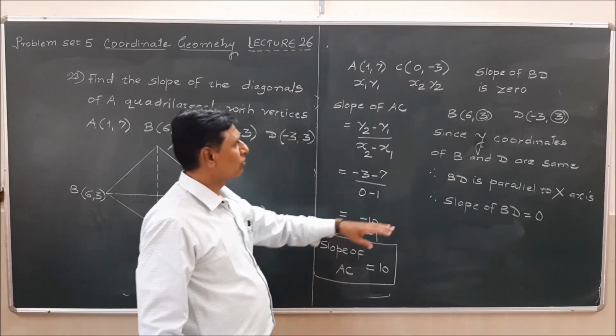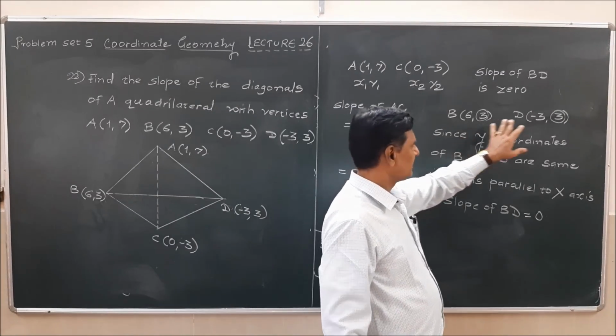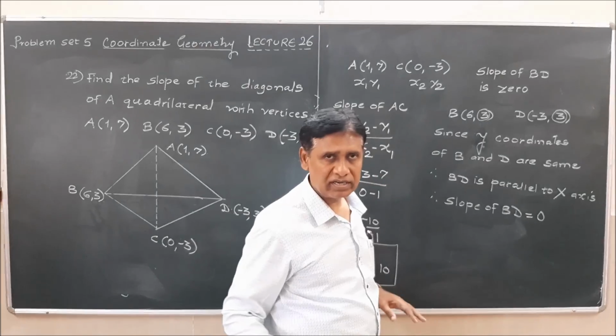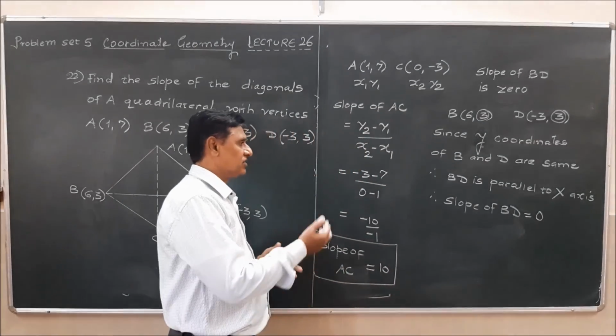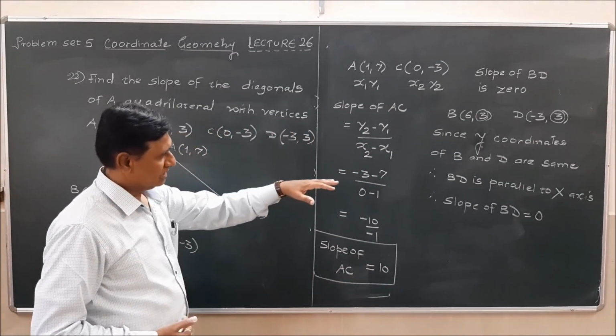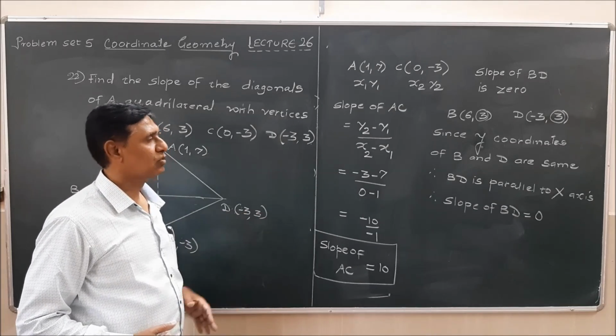So very important to note that if y coordinates are the same, naturally the line is parallel to x-axis and its slope is 0.